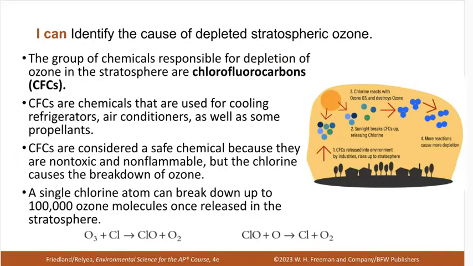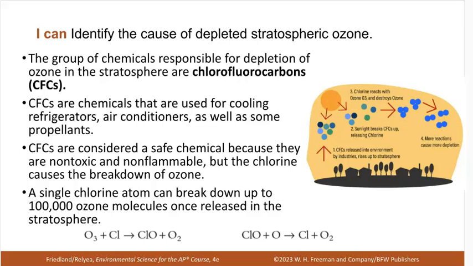All right, so why is there a problem with the ozone layer in the stratosphere? A lot of times people call it the ozone hole. The official name is stratospheric ozone depletion or thinning. It's not really a hole, it's a thinning of the layer. So it's caused by a chemical called chlorofluorocarbons, which we always just refer to as a CFC.